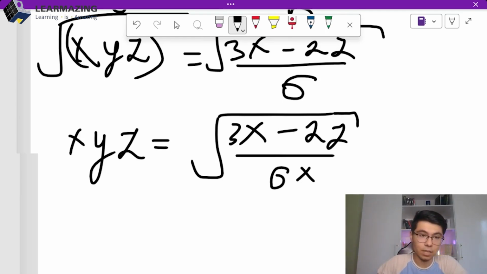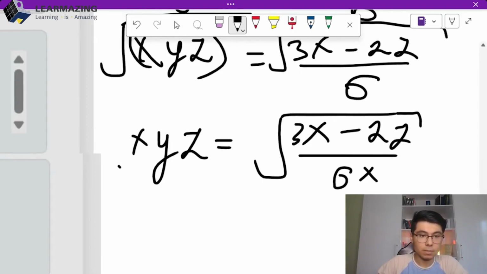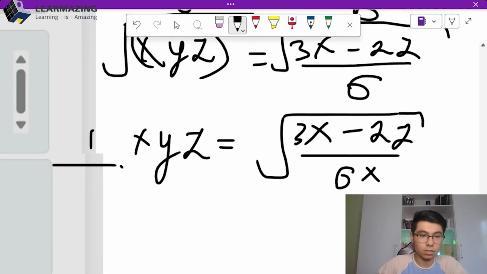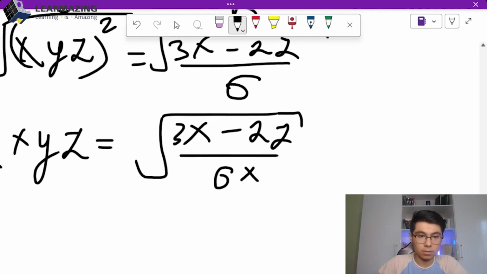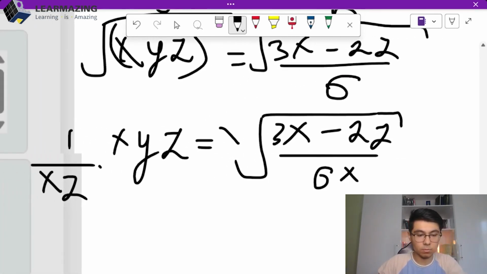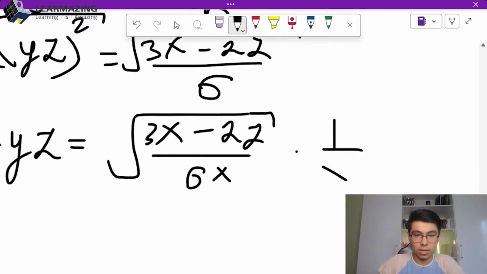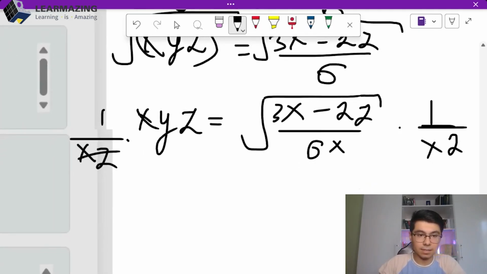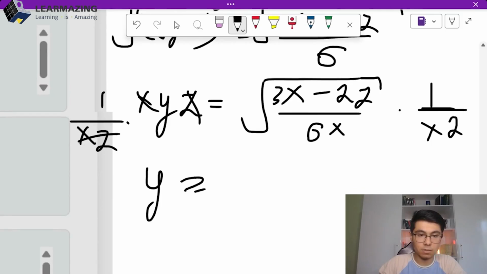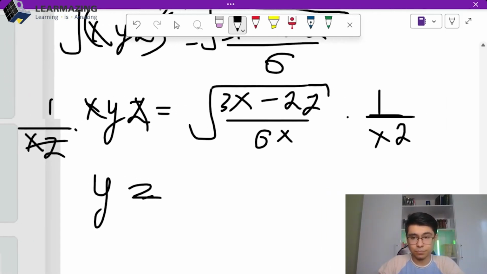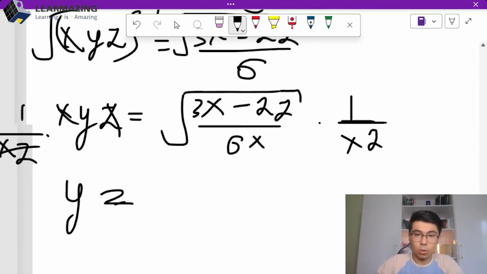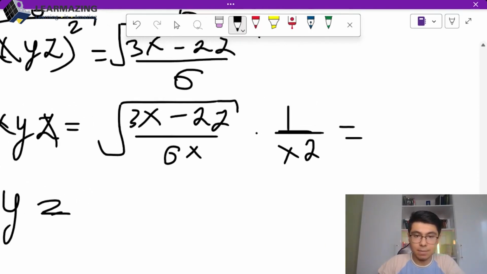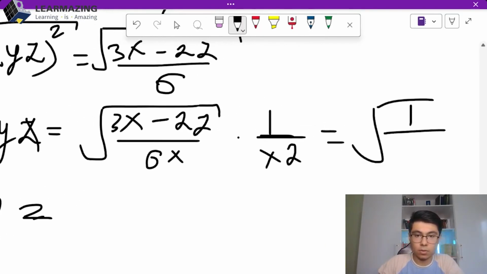So that would be this multiplied by 1 over xz. So we can eliminate x and z here, so that y equals, and what we can do in this case is note that 1 over 6 is the same as 1 over x squared z squared.